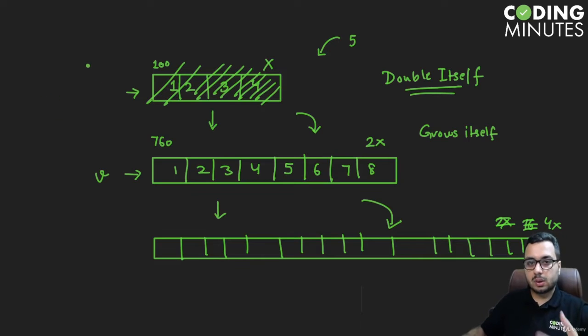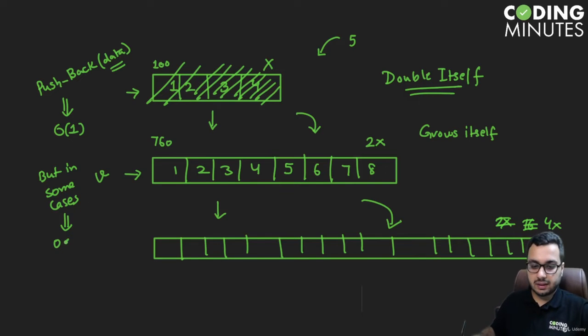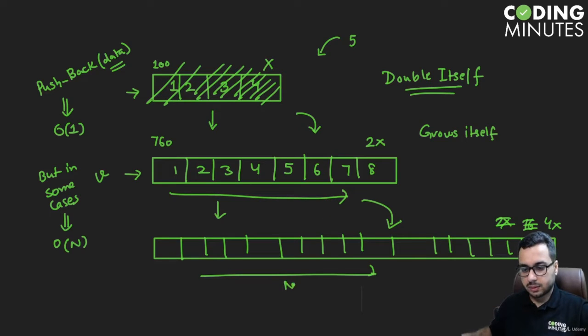So what would be the complexity of pushing an element to a vector? Okay, so if you do push back, that means I'm pushing an element to the end of the vector. So for most operations it is going to be order 1, but in some cases it is going to be order of n as well, because you are going to copy all these n elements here, which is going to take order n time.